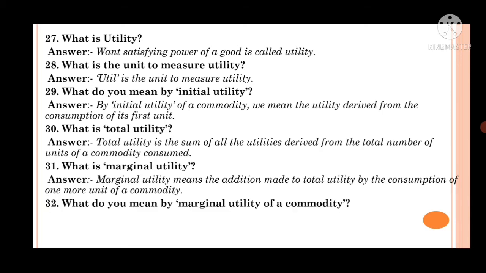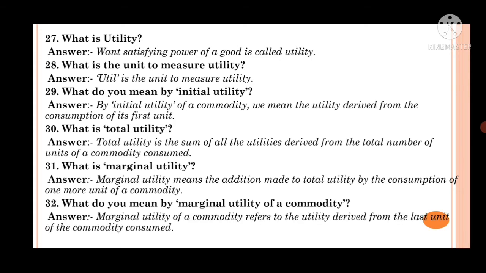Then question number 32, what do you mean by marginal utility of a commodity? The previous question, that is question number 31, says, what is marginal utility? Now the question is, what do you mean by marginal utility of a commodity? So what is the answer? You see, answer is, marginal utility of a commodity refers to the utility derived from the last unit of the commodity consumed.